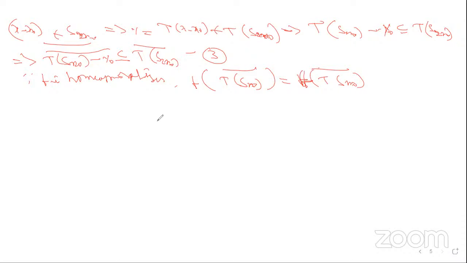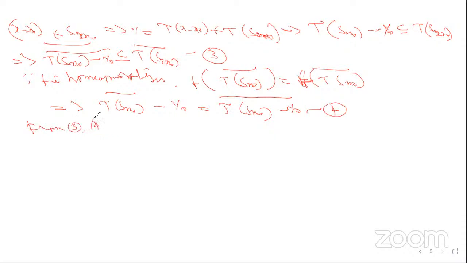This is equation number 4. So from 3 and 4 we obtain that T of S_n0 bar minus y0 is a subset of or equal to T of S_2n0 whole bar.